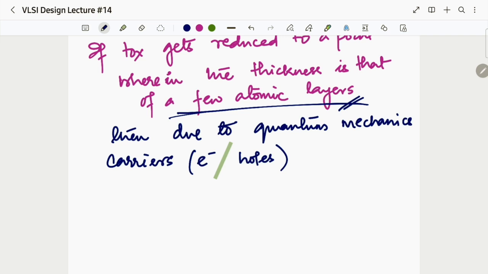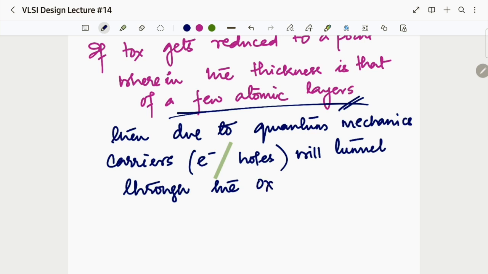All right, carriers will tunnel through the oxide layer towards the gate terminal.